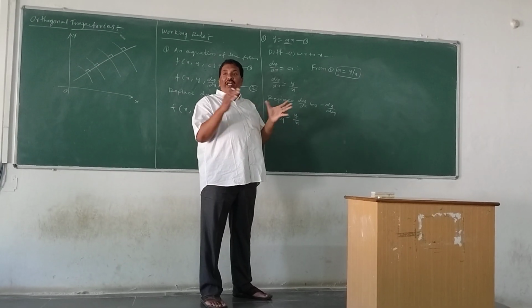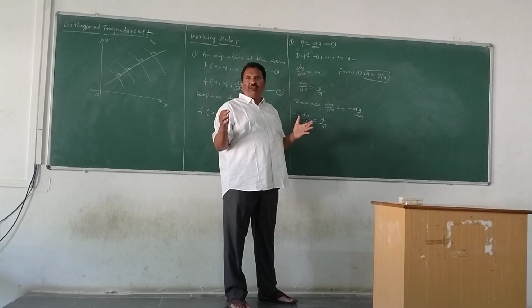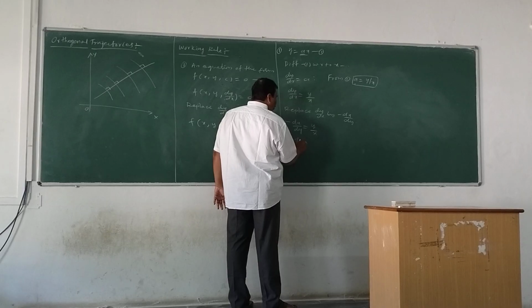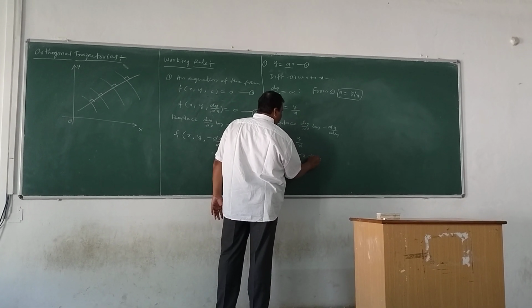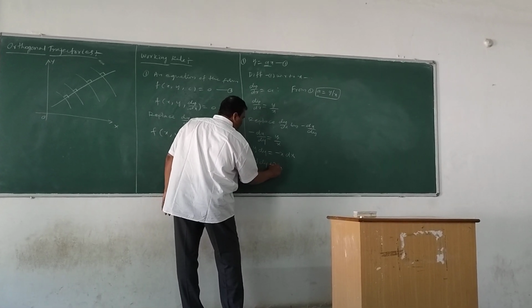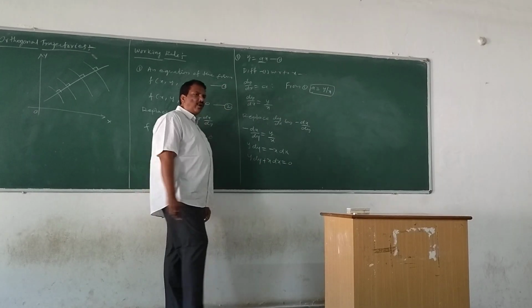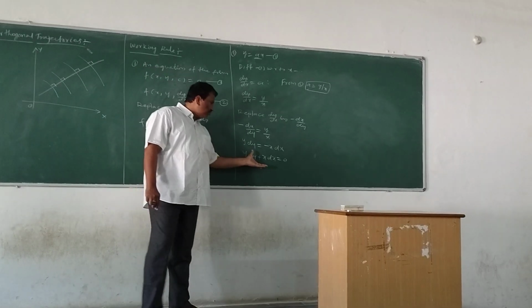Now, variable separable method. We have to separate the x terms and y terms. By cross multiplication, y dy equals minus x dx, so y dy plus x dx equals 0. Now we have to solve this equation.